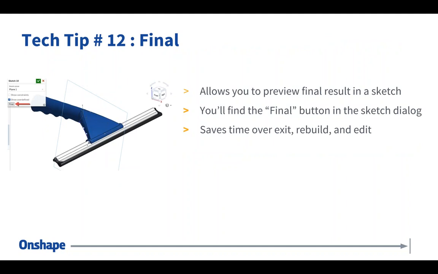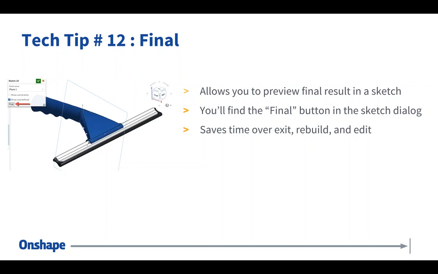And this one is particularly important if you do a lot of small manipulations to sketches, and then you find yourself going back into the feature to let it rebuild, and then going back into the sketch to edit, going back to the feature, and so on. So what we've tried to do with Final is eliminate the back and forth. And the idea behind it is it allows you to preview the final result of the finished part while editing a sketch.